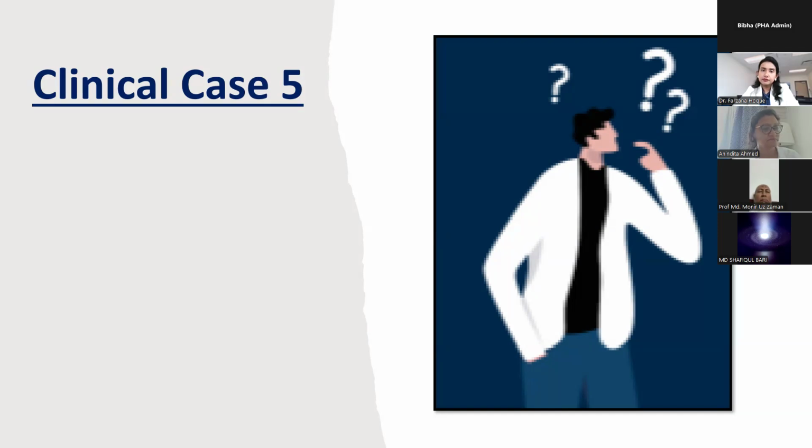But the management team treated with diuretics, and the follow-up X-ray shows there is nothing, this mass is gone. So this indicates this is a phantom tumor, sometimes also called vanishing tumor or pseudotumor, in which fluid accumulates in the fissure.